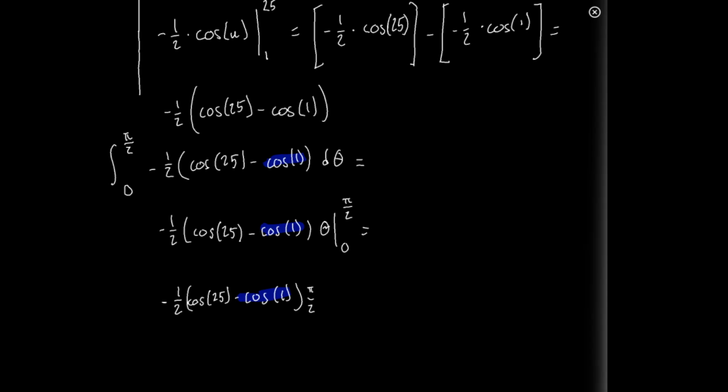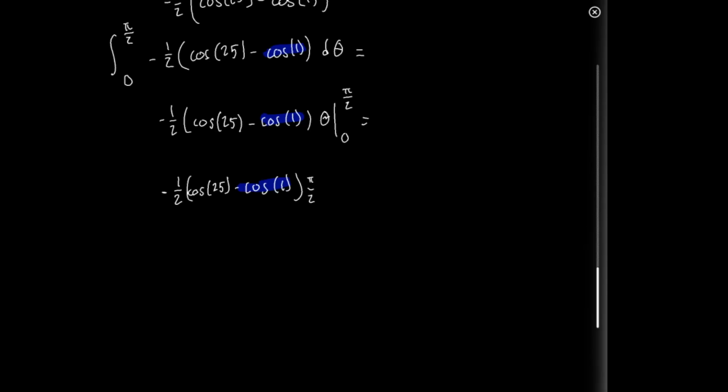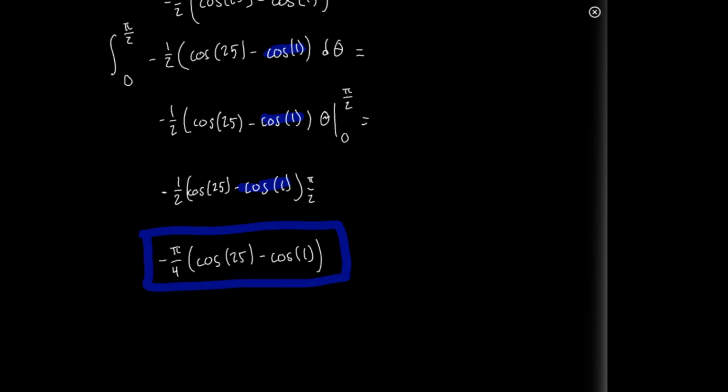Now after fixing all of that, we can simplify and we get negative pi over 4 times cosine 25 minus cosine 1. And that, I am 100% sure, is the correct answer.